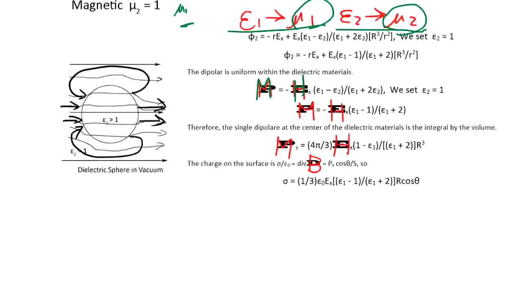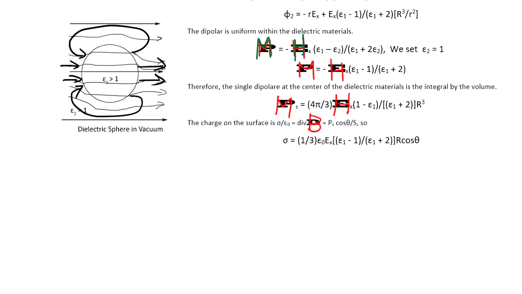So for the permanent magnet, the accumulated magnetic charge is going to create this kind of magnetic field, right?